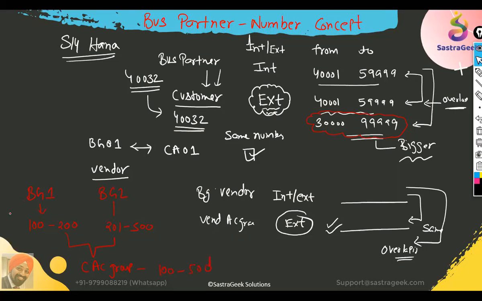So if you compare BG1 with the customer account group, BG1 is only 100 to 200, but the customer account group is bigger, 100 to 500, right? It can be created bigger to serve two business groups. If that kind of architecture is there, then the below can be the bigger one.